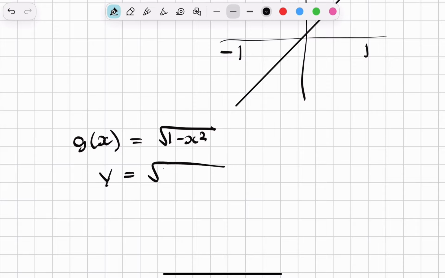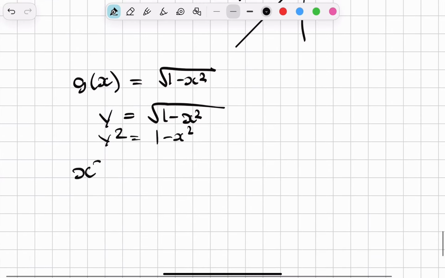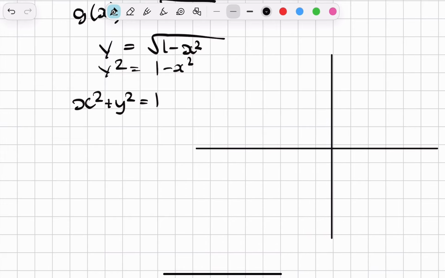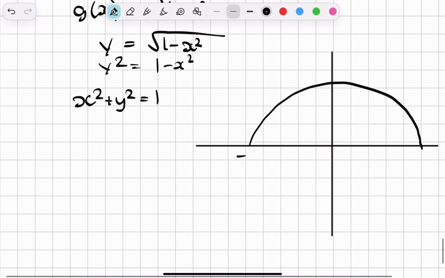We've got y equals root 1 minus x squared, y squared equals 1 minus x squared, x squared plus y squared equals 1. And well, this is just similar to a unit circle. However, we cannot draw the negative part since our sketch will not be a function. So minus 1, 1, and 1.